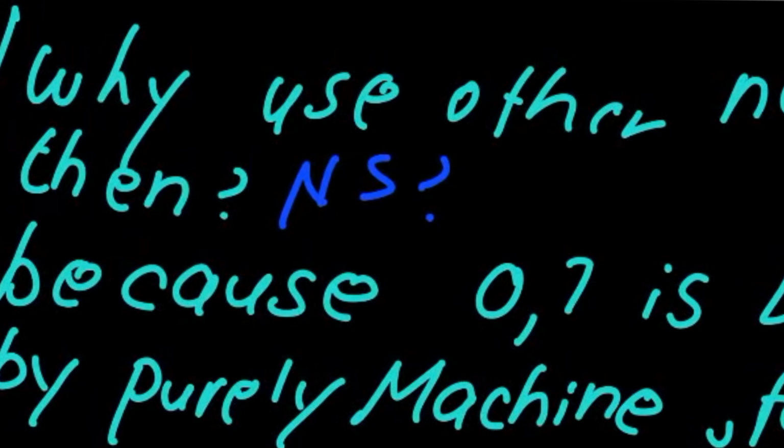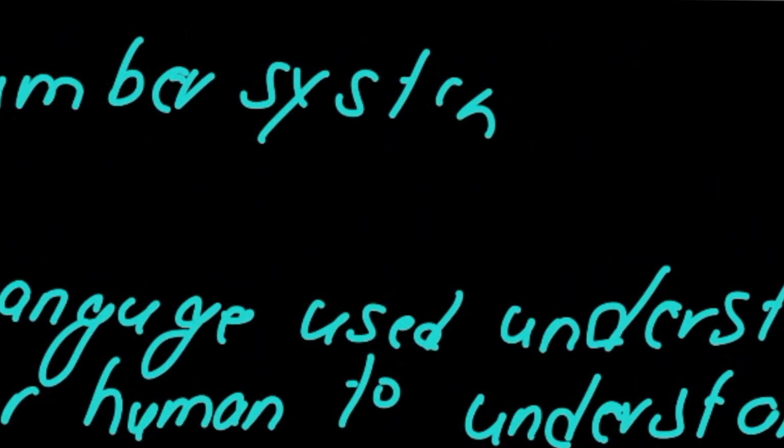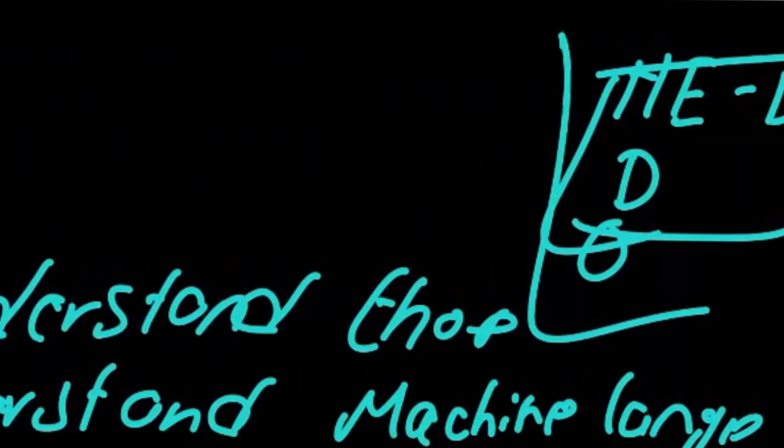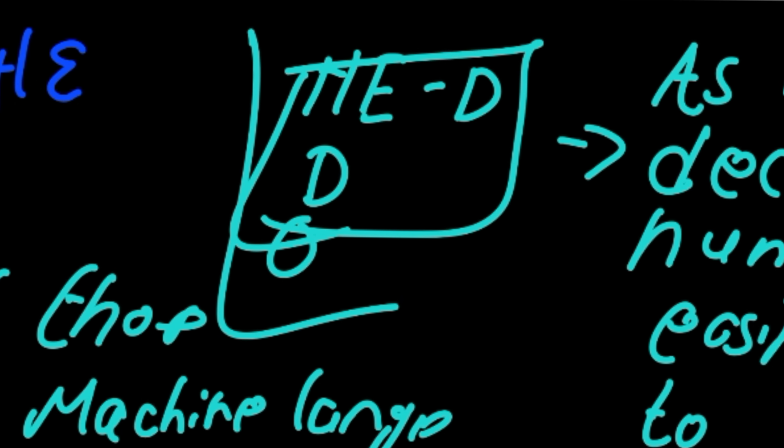Because 0 and 1, also considered machine language, is really complex, really long. To write even A, there needs to be several 0s and 1s. That's really hard to understand for people. It's long, complicated. To make it easier for a human to understand, the other number systems, hexadecimal, decimal and octal, are used.